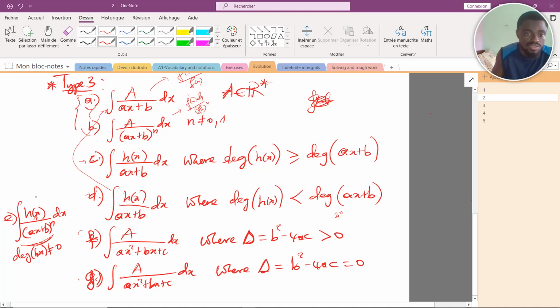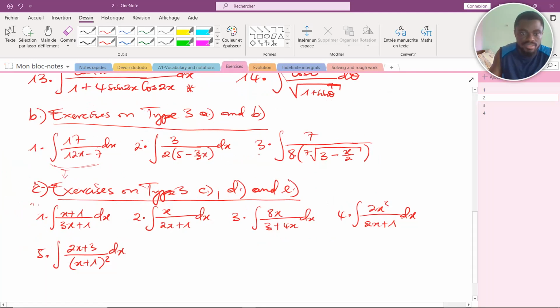Proceed to the long division of this by this. If the degree of h of x is less than the degree of ax plus b to the n, then we first express this in partial fractions before integrating. You understand? So let's dive into some examples for you to better understand what I was saying.